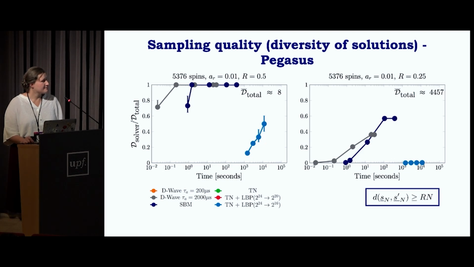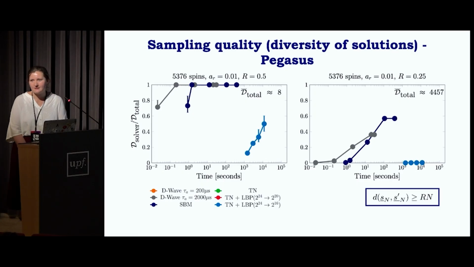D-Wave and SBM identify all diverse states for large distance threshold, and let's say complementary diverse states for smaller distance threshold, but together they identify all diverse states.